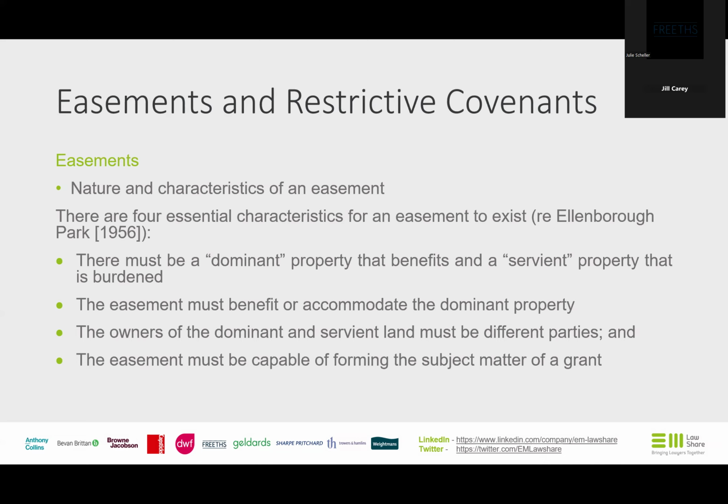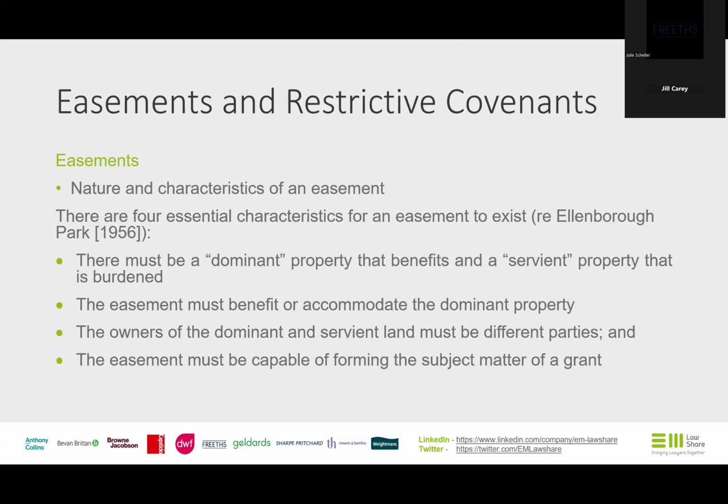which are there must be a dominant property and a servient property. So you must have one that's using the other effectively. The easement must benefit or accommodate the dominant property. So it can't be something that's completely irrelevant to the use of the dominant property.